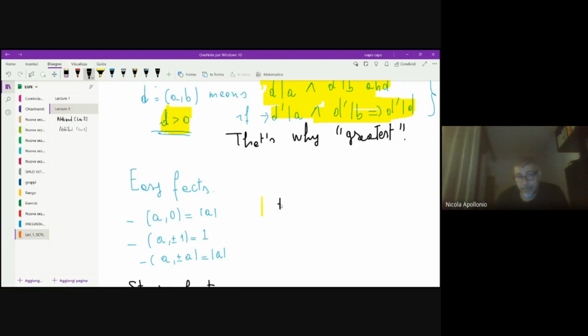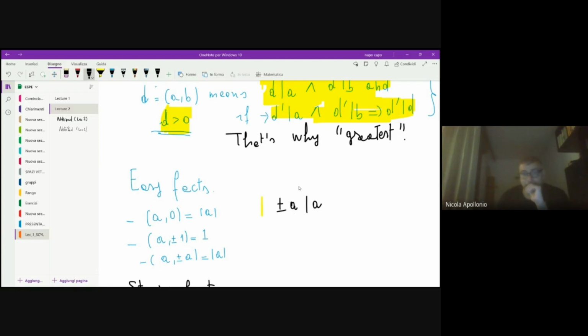We saw that plus or minus A divides A. This is by definition. A divides A, of course; divisibility is a reflexive relation, and when restricted to natural numbers, it is also an order relation.